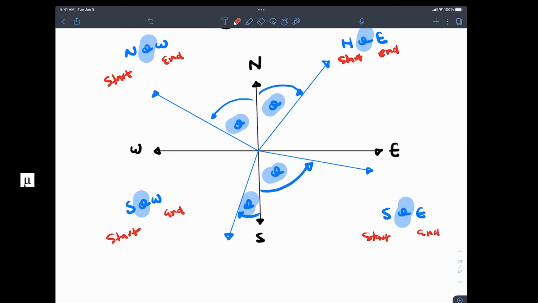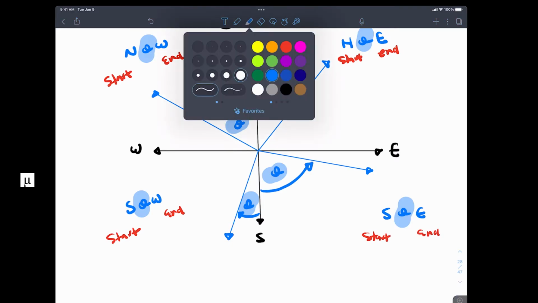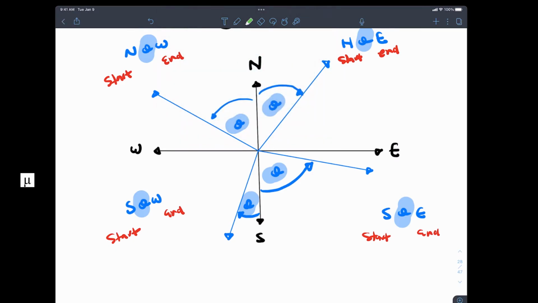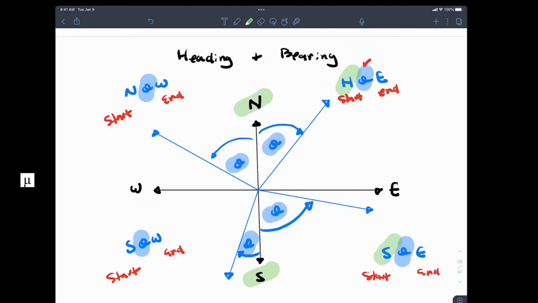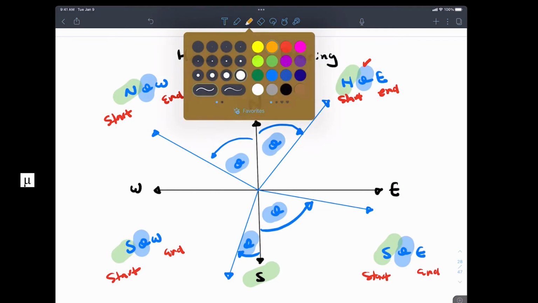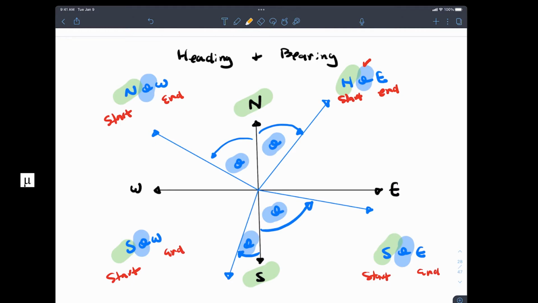Start, end. So if I colorize this here, the starting point is either north or south. So you'll have north or you have south. That's where you start, okay? And then what comes next is the angle. So you're reading it left to right. You start north, start south, and then you go the angle theta, and then you end where this gives you the direction.